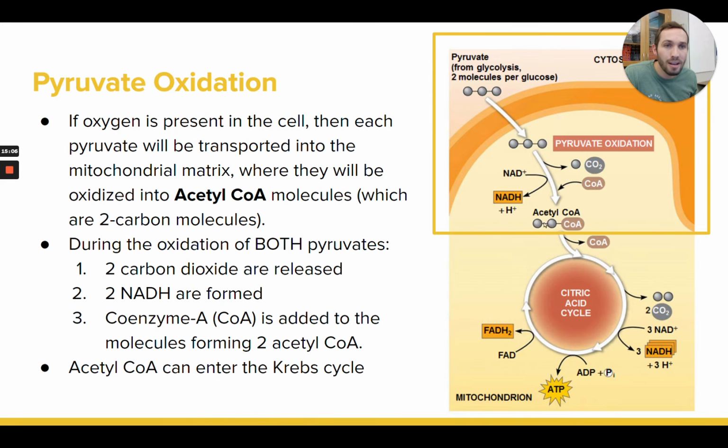Now, acetyl-CoA is only a 2-carbon molecule. As you guys can see here, it has 2 carbons, no longer 3 carbons. So we just lost a carbon. So we went from 3 carbons in pyruvate to 2 carbons in acetyl-CoA. One of those carbons was lost, and that carbon that was lost actually was released or produced as CO2. So there was a molecule of CO2 made here, which has 1 carbon.